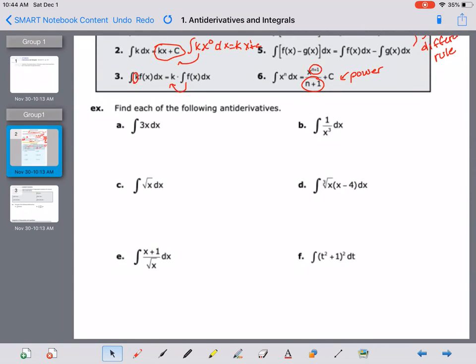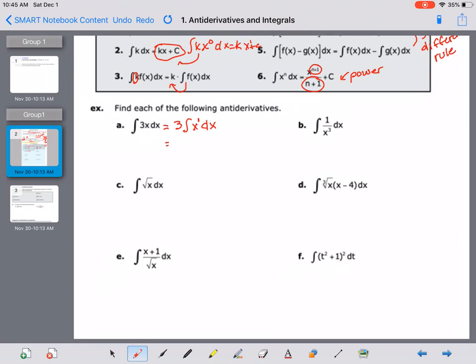Okay, so let's look at an example. If we look at this one, one of the rules says that I can take out the 3, and then deal with the x on its own. So right now my power is 1.